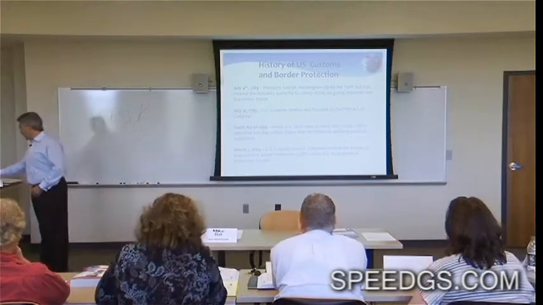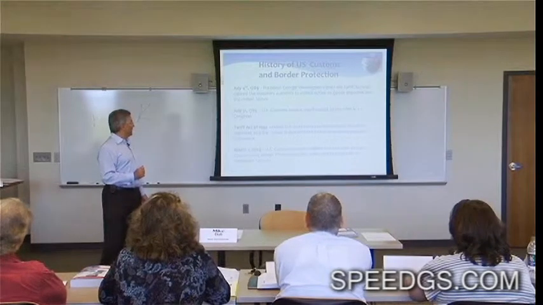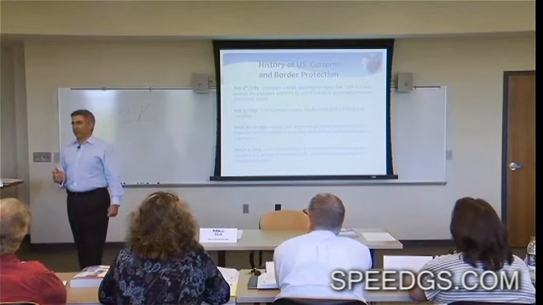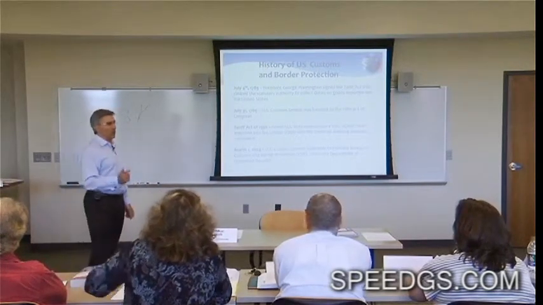I want to do a little history lesson here. Duties and taxes go all the way back to the first president of the United States. That cleared the statutory authority to collect duties and taxes on imported goods into the United States. That goes back to 1789. The reason duties and taxes were put out there was as a form of income.